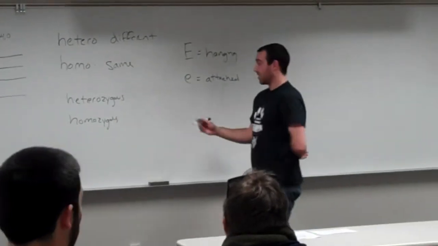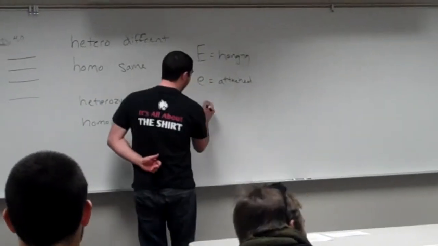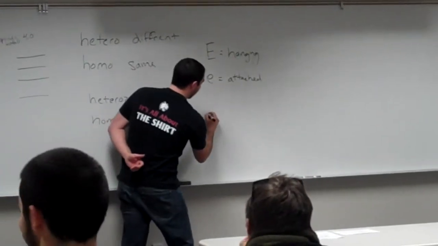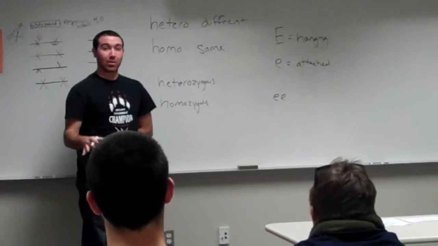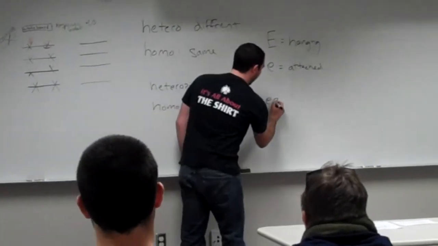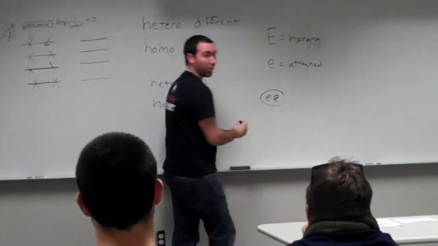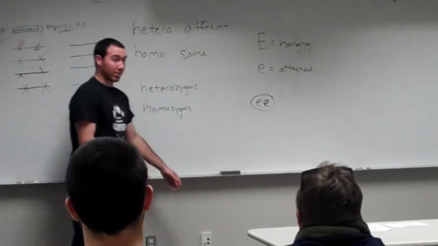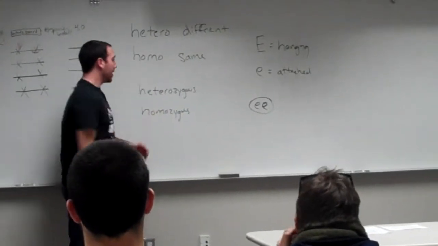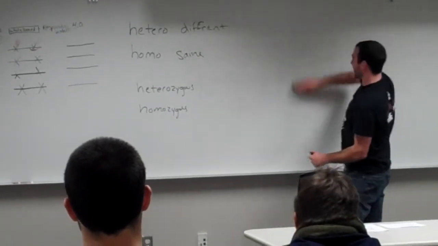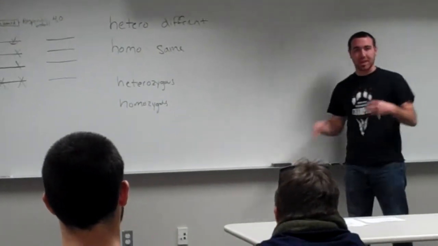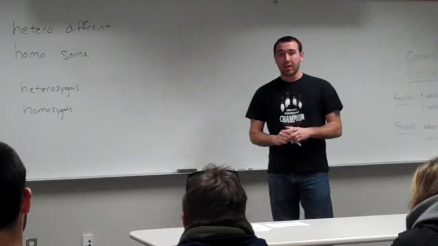So you're going to be homozygous because to show the recessive trait that we talked about last class, you're going to have two recessive alleles to show it. So that's why it's much harder for someone to have attached, because they have to have just like blue eyes.